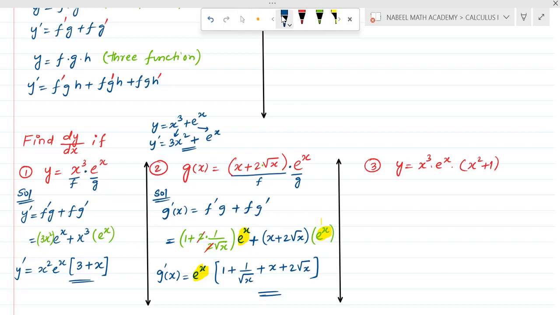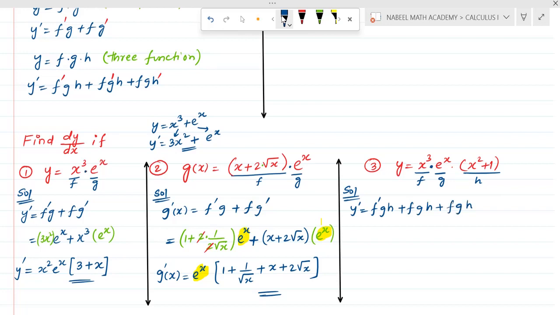Now the next one here, we have a product of three functions. See here. This is f, this is g and this is h. So whenever you have a product of three functions, I will use the rule y prime is equal to f prime g h plus f g prime h plus f g h prime.